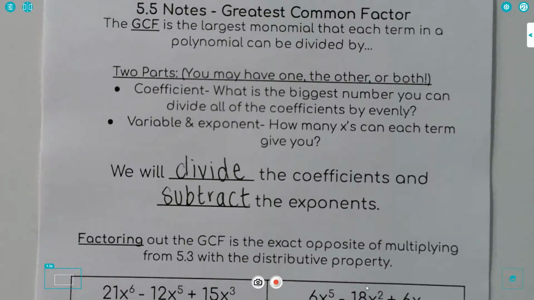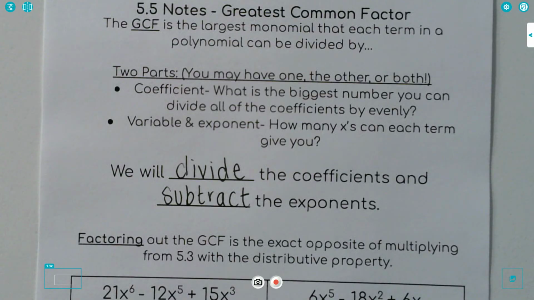Factoring out the GCF is the exact opposite of multiplying in 5.3, where we multiplied something in. We distributed it in. Today, we're going to figure out what can I undistribute? What can I pull out of everything? So it's two steps. Figure out what we can divide everything by, and then pull it out.